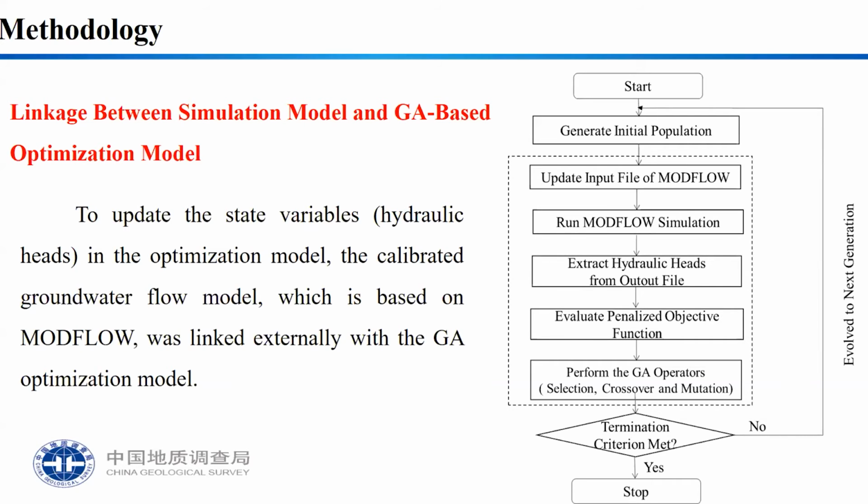To update the state variables, the hydraulic heads in the optimization model, the calibrated groundwater flow model, which is based on MODFLOW, is linked externally with the GA optimization. The figure is the roadmap showing how to couple the GA algorithm and the simulation model.